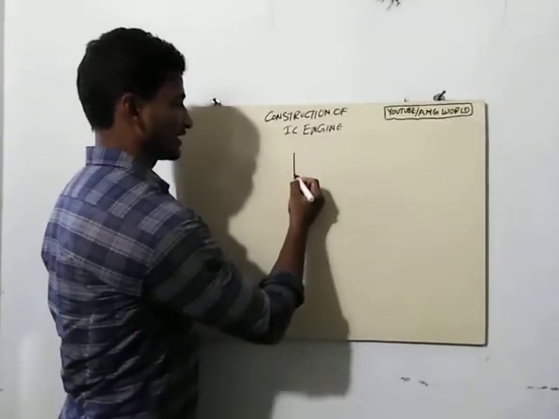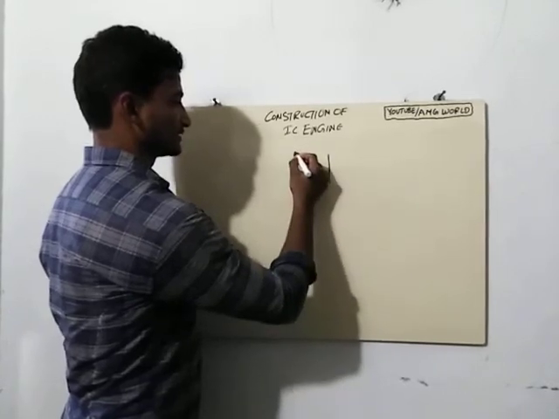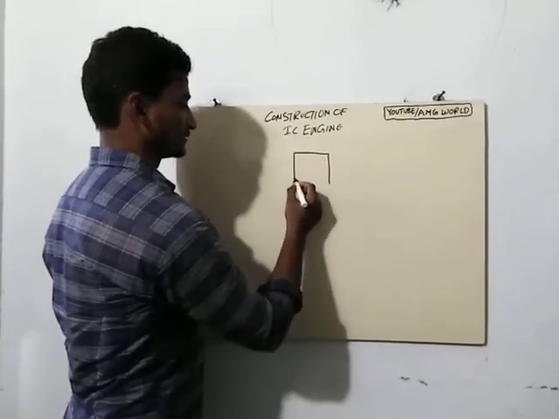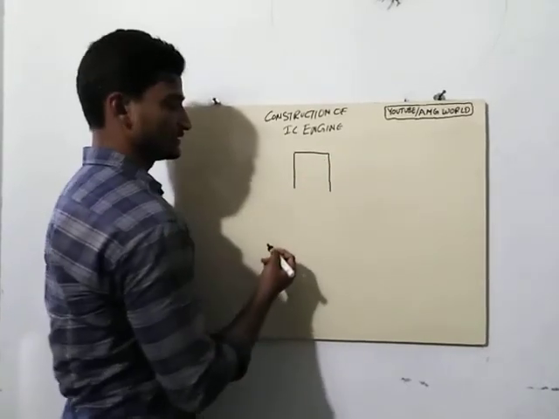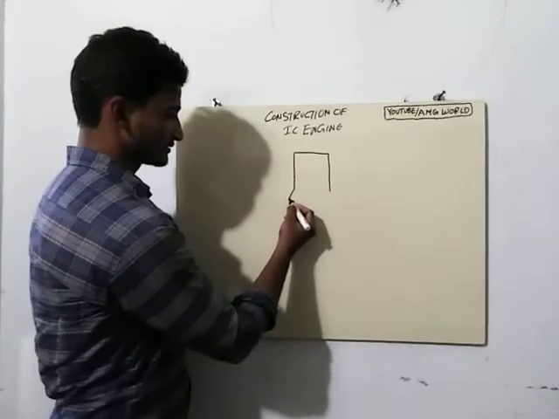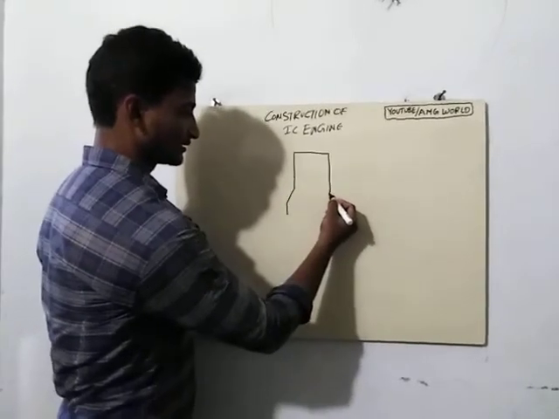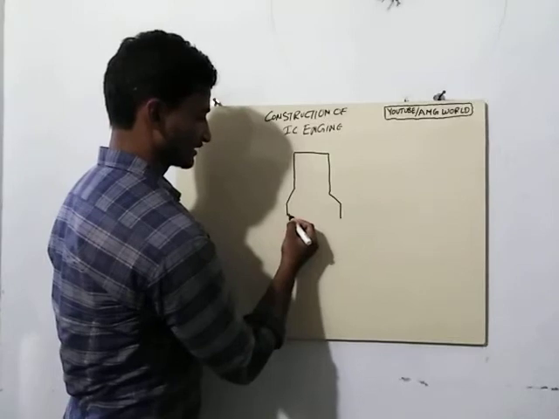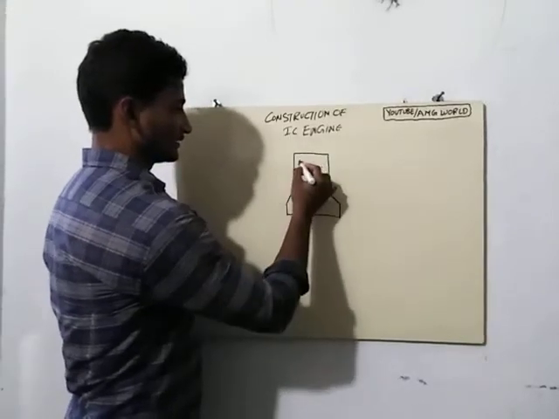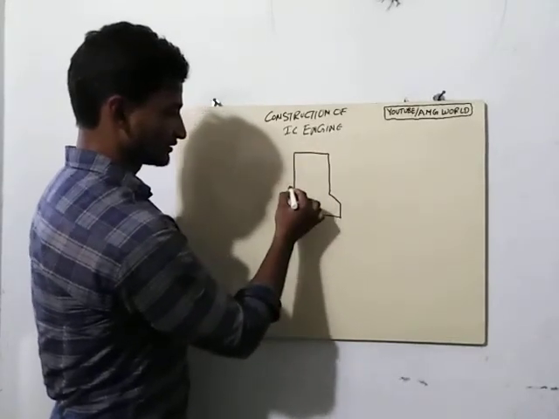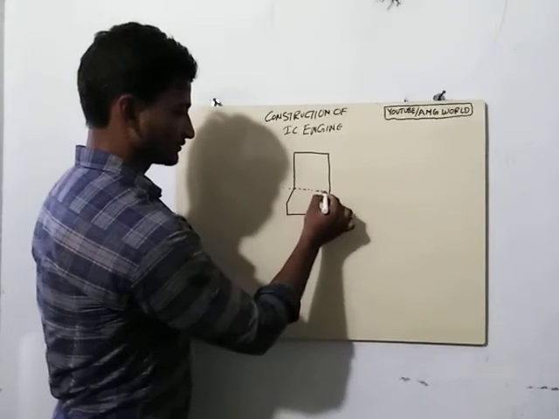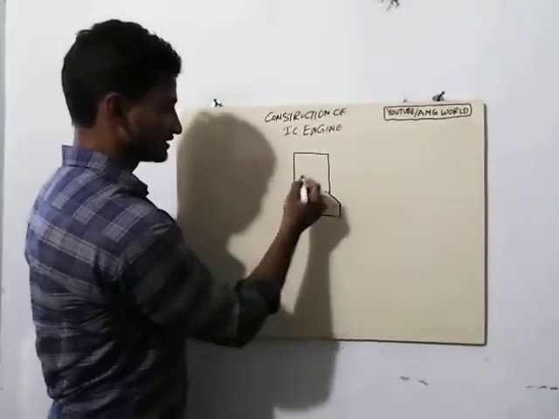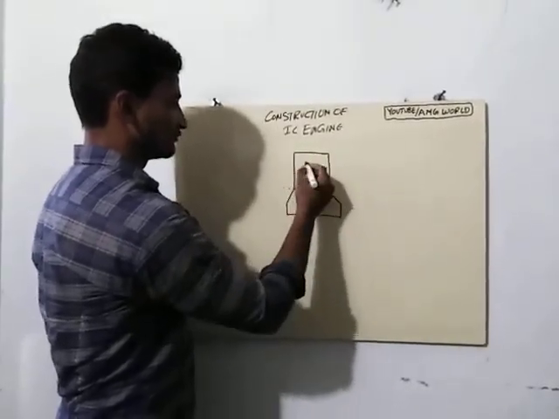So initially we have a cylinder. This is the engine cylinder, and it is coupled with a casing which is called the crankcase, and the portion above this casing we call the engine block.